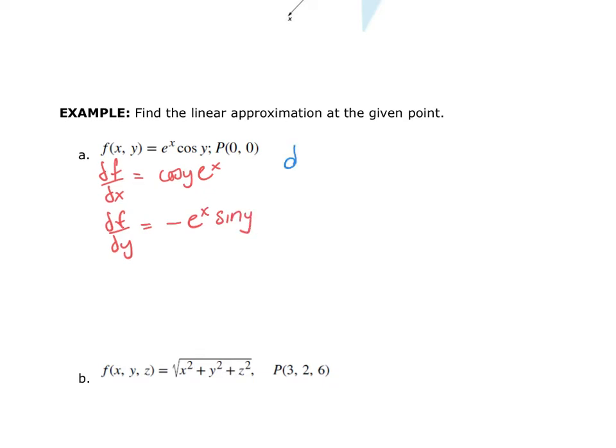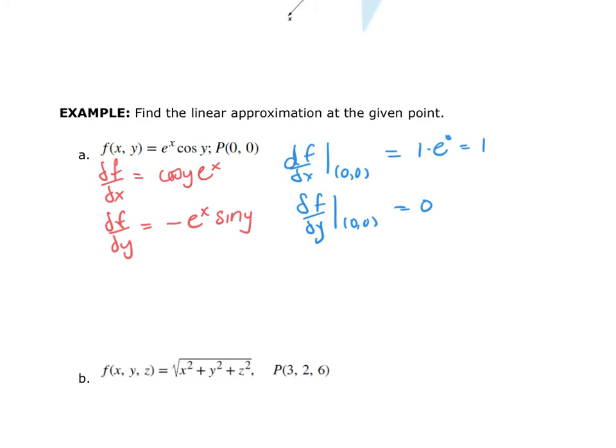I want to evaluate my partial derivative with respect to x at the point 0, 0. So we have the cosine of 0, which is 1, times e to the 0, which gives me 1. The partial derivative with respect to y at 0, 0 is going to be 0 because the sine of 0 is 0 all day long.